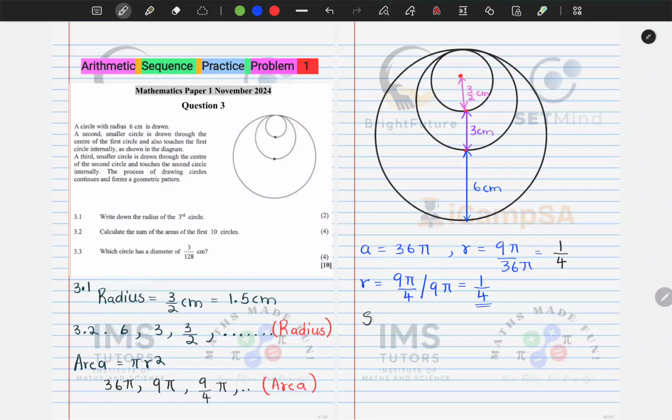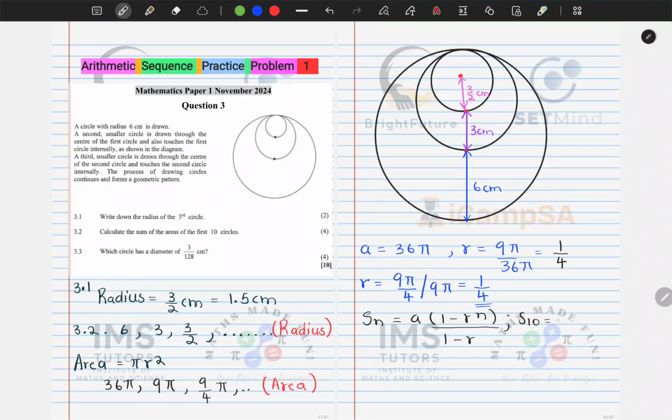So we can now go and do the magic. So this will just become the sum of 8 terms. So remember, Sn for a geometric series, which is what we are working with, is just a into 1 minus r to the power of n divided by 1 minus r. So in our case, we're looking at the sum of 10, the sum of the areas of 10 circles.